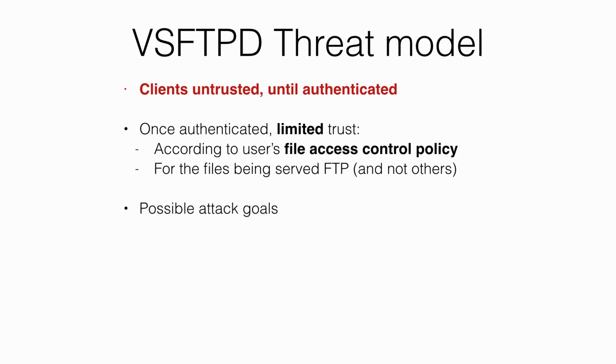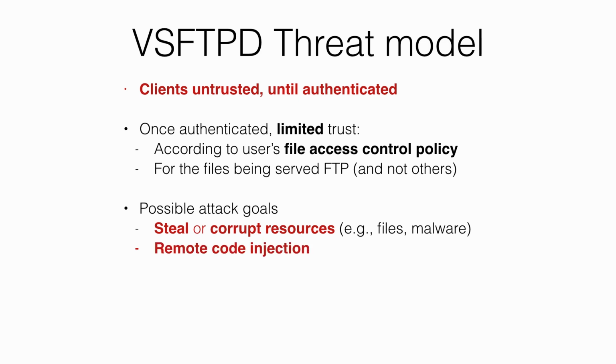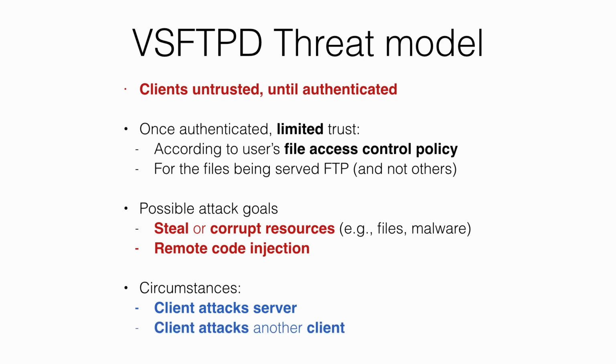The possible attack goals of an adversary are to steal or corrupt resources, for example, to download files that shouldn't be downloadable or to upload malware, or remote code injection to take over the server. The circumstances might be that a client attacks the server, or that a client attacks another client trying to snoop information or to corrupt it.